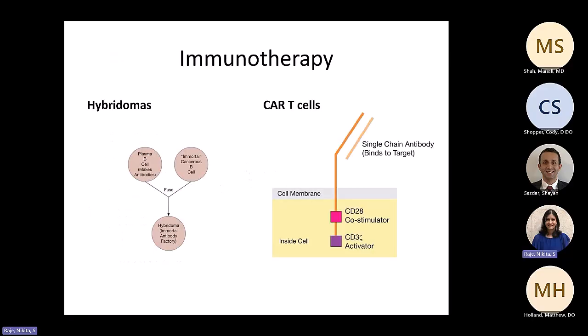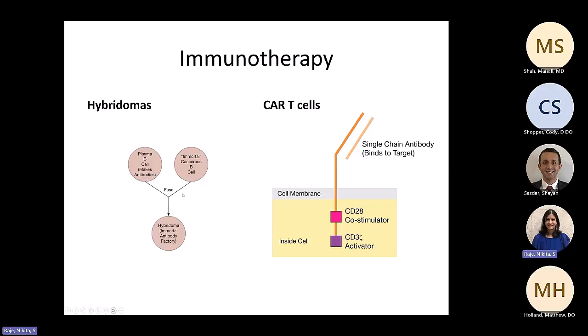All right, we talk about immunotherapy, which is on the rise now, that is being used for various different disorders. So how is this immunotherapy produced and given? The concept came around years back with hybridomas, where the cancerous B cell line, or the immortal cells, were fused with plasma B cells that make the antibody of choice.